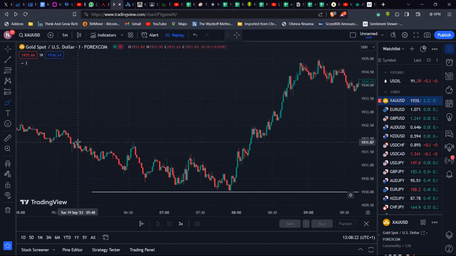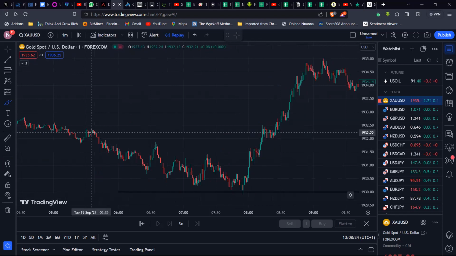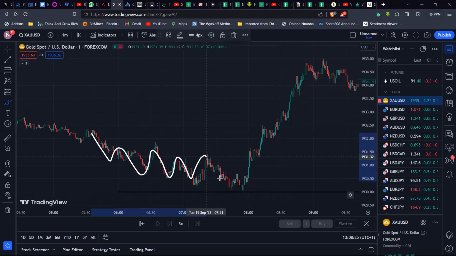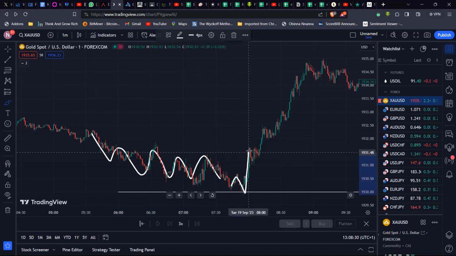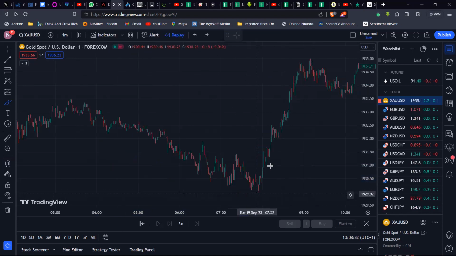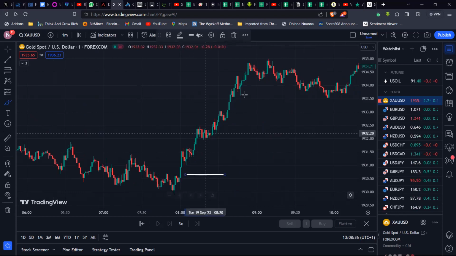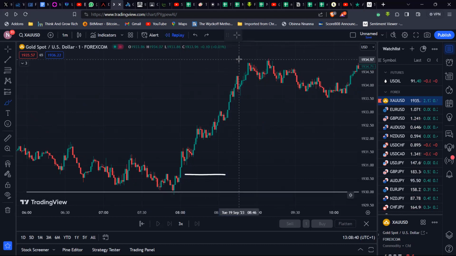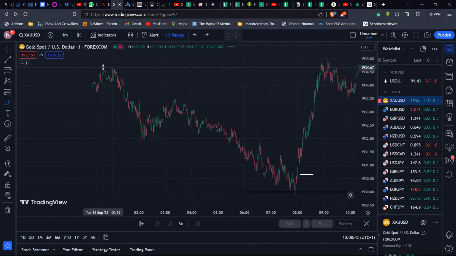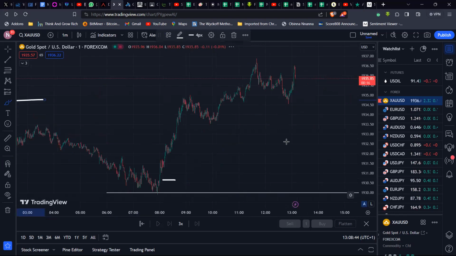So on the 1 minute time frame, we were breaking lower, and then we broke lower, then we broke higher. So I had a trade set up looking to buy around here, stop loss below this low, and then take it to that higher time frame high, which is here. And that would have been a very wonderful trade.